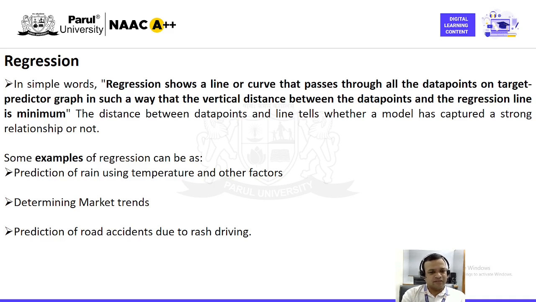Some examples of regression: prediction of rain using temperature and other factors. You can predict the rain in mid June on the basis of temperature, which is a basic variable, and other factors like the number of trees in our city or our country.